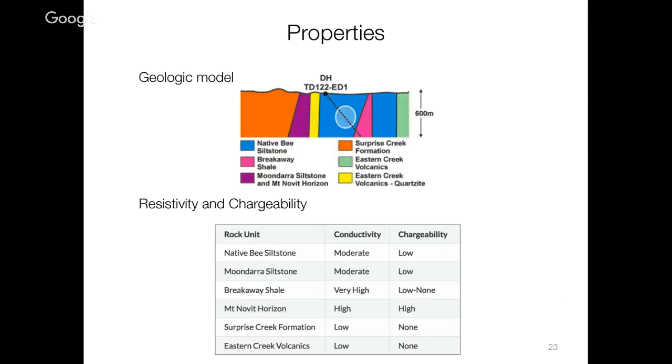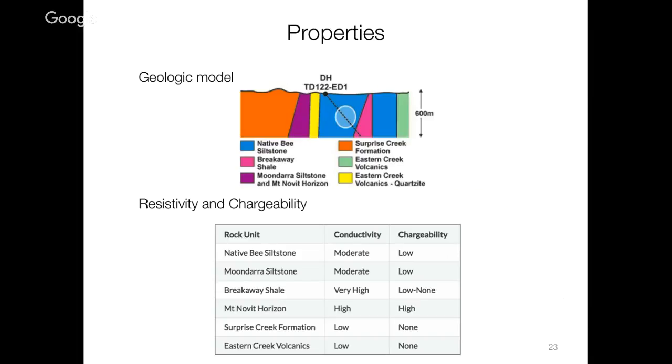So now we need to look at both physical properties. We have conductivity and we have chargeability. In the conductivity, the Mount Novot horizon, which is what we're interested in, had a high conductivity, certainly much higher than the volcanics and higher than siltstone, but was less than the breakaway shales.